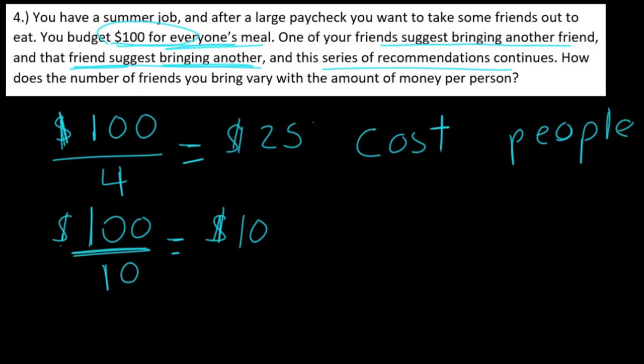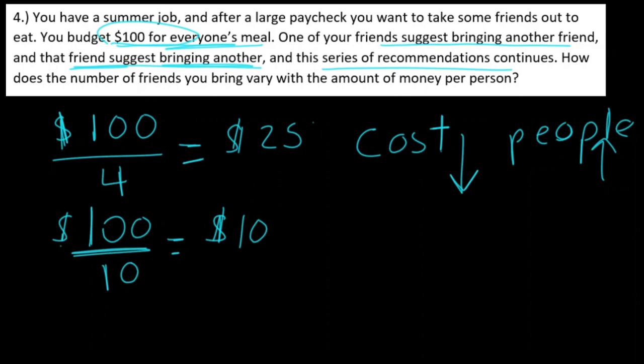Well, we see that as the number of people that we bring goes up, the cost that we can spend per person is going down. So as one number increases, the other number decreases. And this is actually the perfect example for inverse variation.